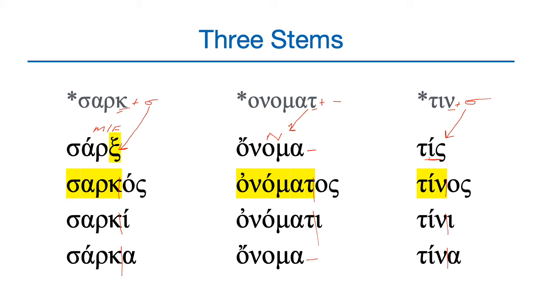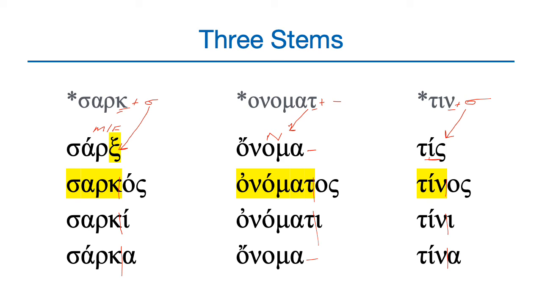So now here are the three stems. Let's look at them. You have sak, the third declension noun stem, onomat, third declension noun stem, tin, tin. So when you add a sigma here, you get sax.